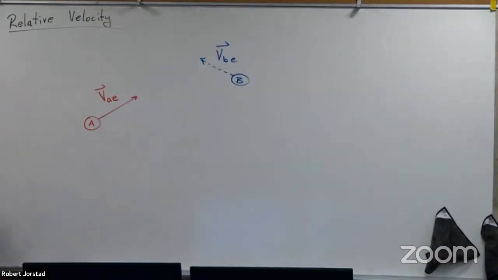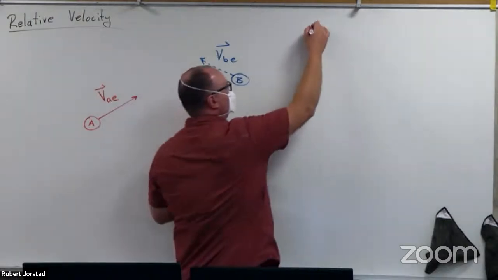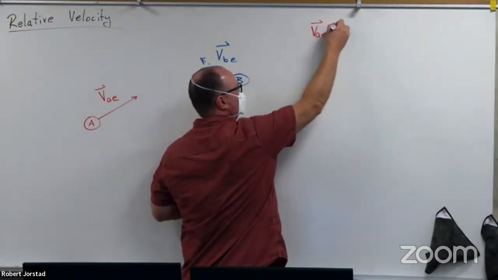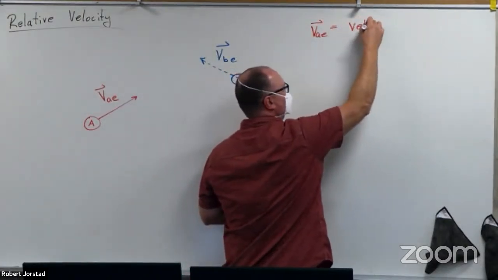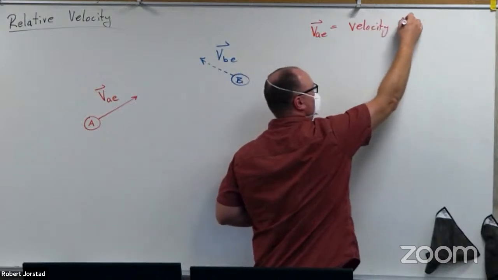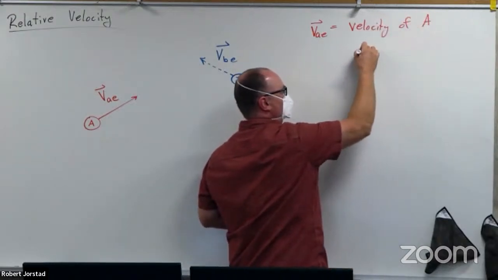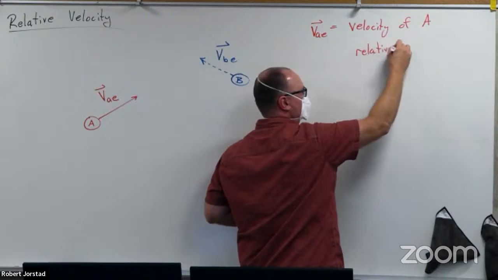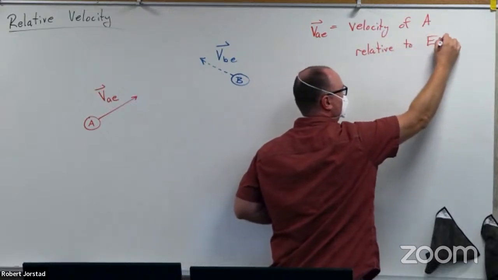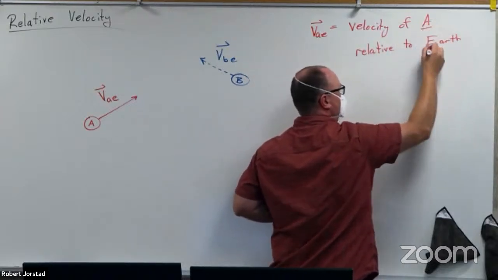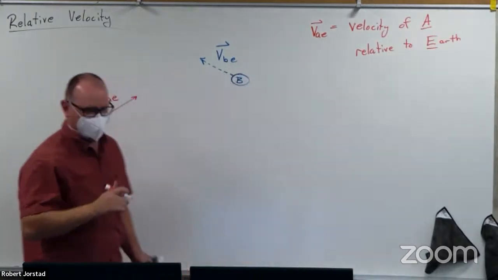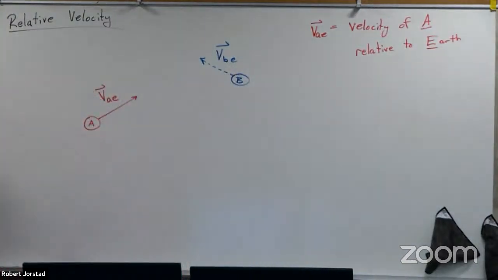So the idea is we've got these two ideas here. What do they mean? That's the velocity of A relative to Earth. That's what the A and the E means, and the order matters. Okay, hopefully this is all written down.